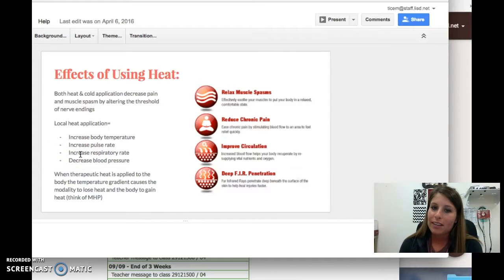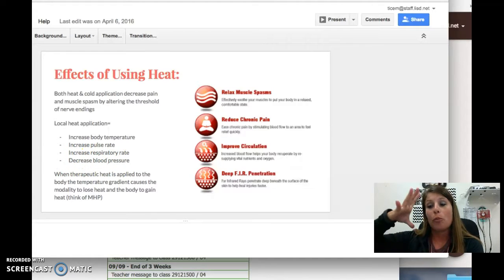Now this is going to depend on how big of an area we are heating. Every time I put a moist heat pack on my foot, it doesn't mean that I'm going to have increased respiration. It is also going to decrease our blood pressure because we're opening up our arteries and our veins, and so things are flowing nice and smooth.